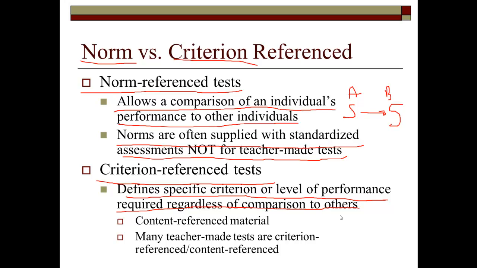If you've got 1,000 students taking that licensing exam, the cutoff score, whatever it may be, may differ from year to year based on the achievement level of all of the students that took the test.